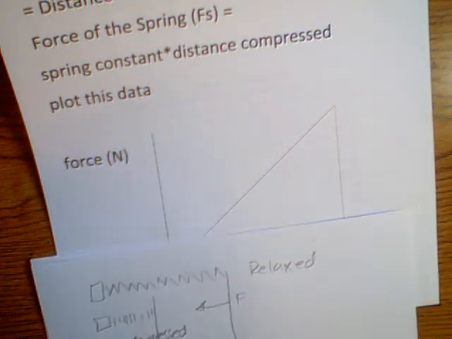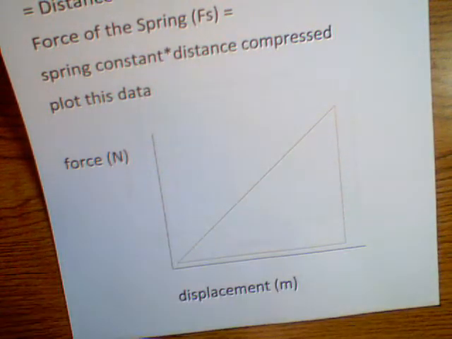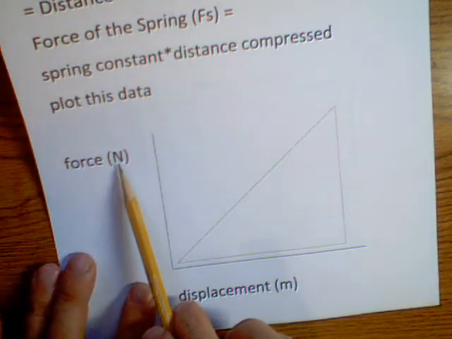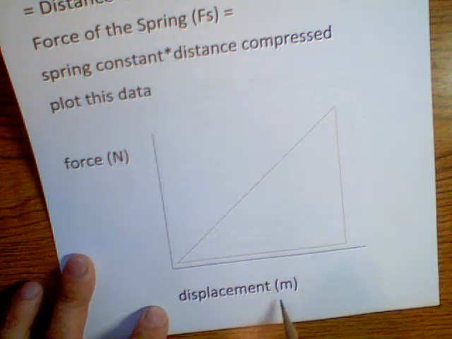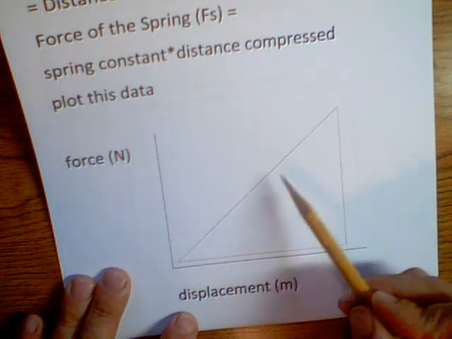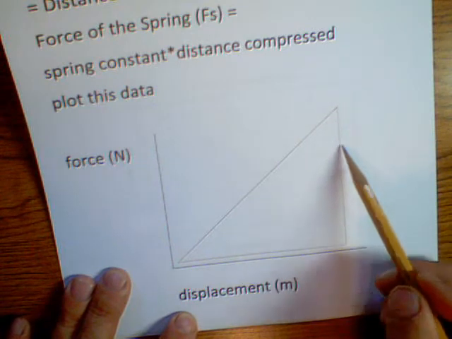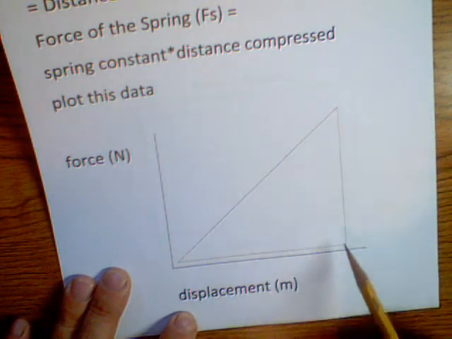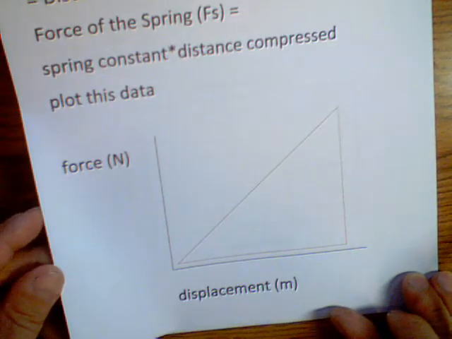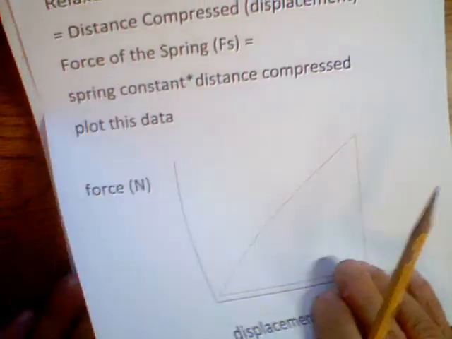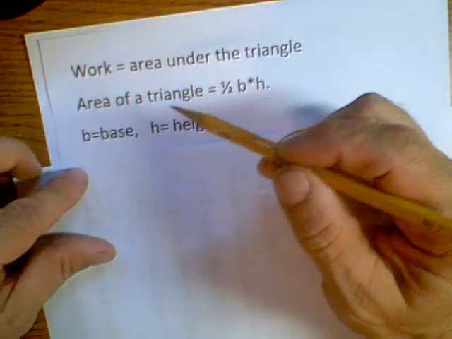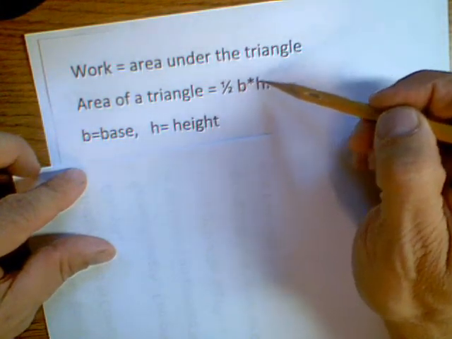Now, if we plot the data of force that it takes to compress a spring over the displacement, which is going to be in meters, and we take the area underneath the triangle, that is work. Work is the area underneath the triangle, and the area under the triangle is 1/2 base times height.